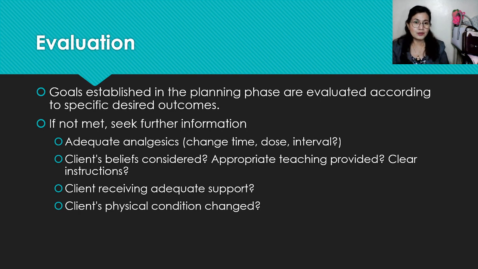For example, is the analgesic adequate? What's the client's belief? Was it considered? Was the teaching appropriate? Were there clear instructions given? And then, is the client receiving adequate support? Has the client's physical condition somehow changed?